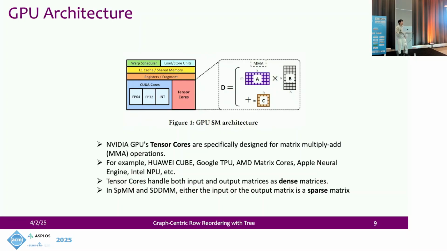This kind of hardware can also be found in Huawei's, Google's, AMD's, and Apple's accelerators. However, the tensor core can only handle dense input and output matrices. But in the sparse matrix multiplication, either the input or the output matrix is a sparse one.